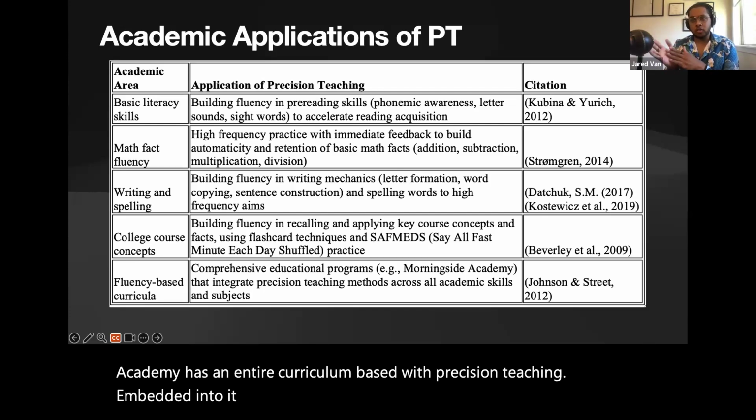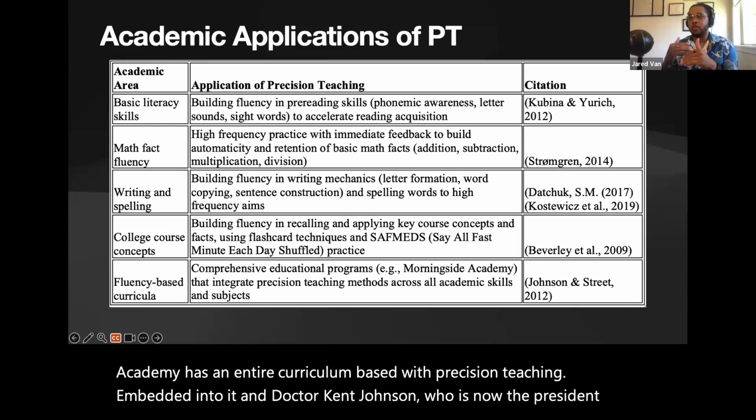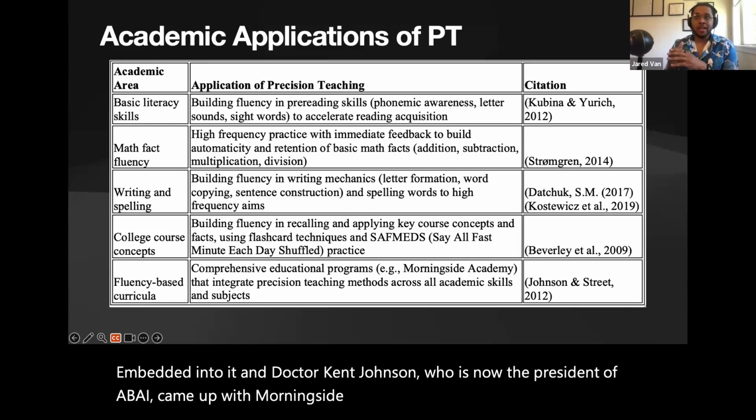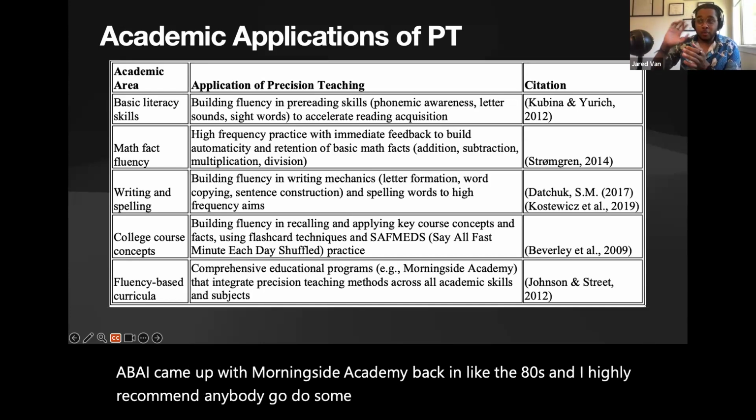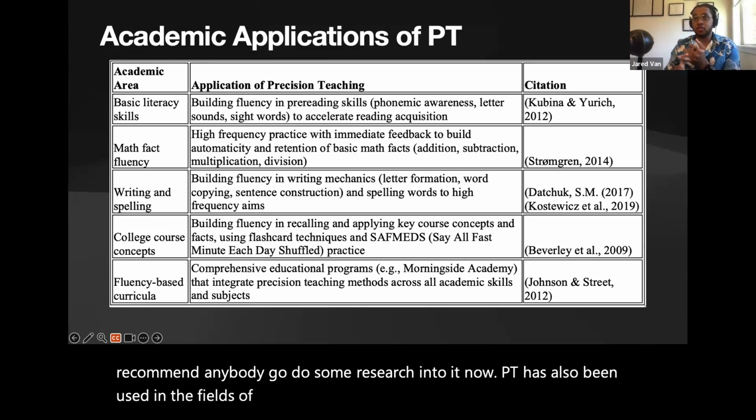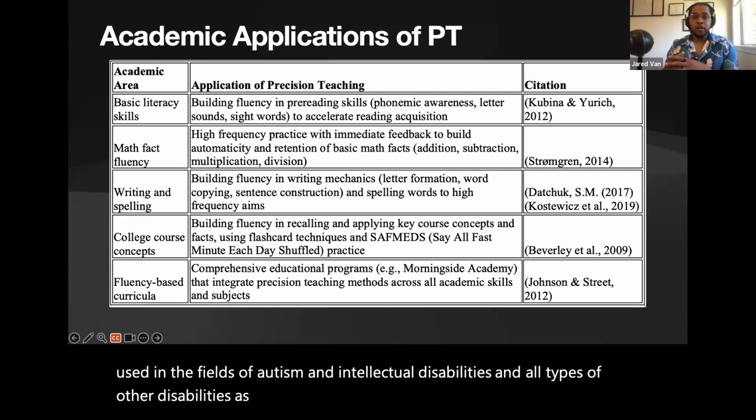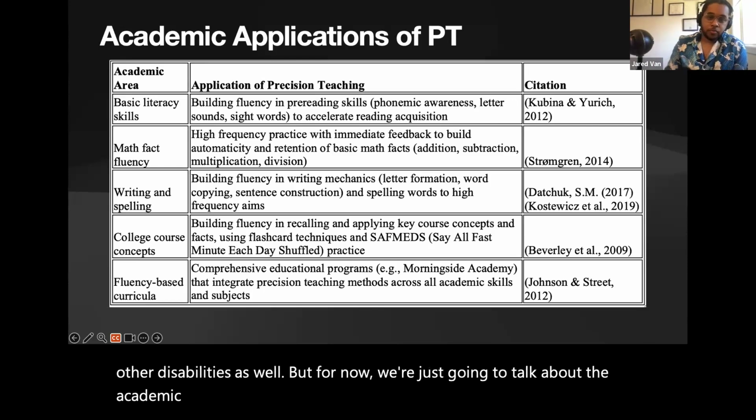And Dr. Kent Johnson, who is now the president of ABAI, came up with Morningside Academy back in the 80s, and I highly recommend anybody do some research into it. Now, PT has also been used in the fields of autism and intellectual disabilities and all types of other disabilities as well. But for now, we're just going to talk about the academic applications.